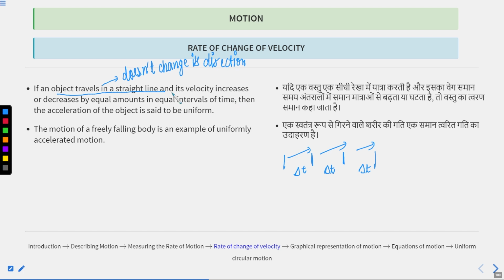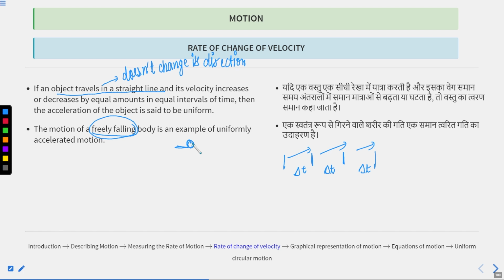For example, when you just let any object fall from a height, that type of motion is known as free falling. You do not provide any extra push or try to stop that object. You just let it fall from a height.